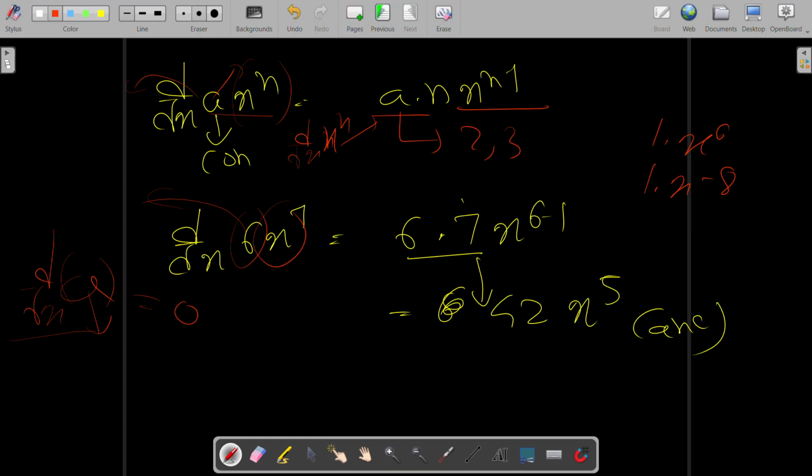So we differentiate x to the power 7: n is 7, n comes out, and the power is 7 minus 1, which is 6. So this will be 6 into 7, 42, and x to the power 6.